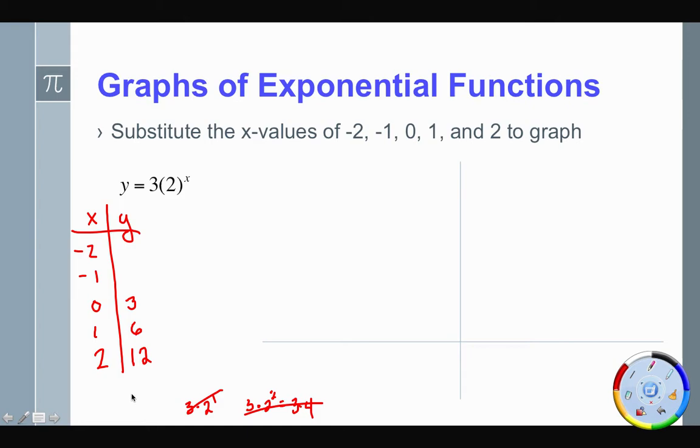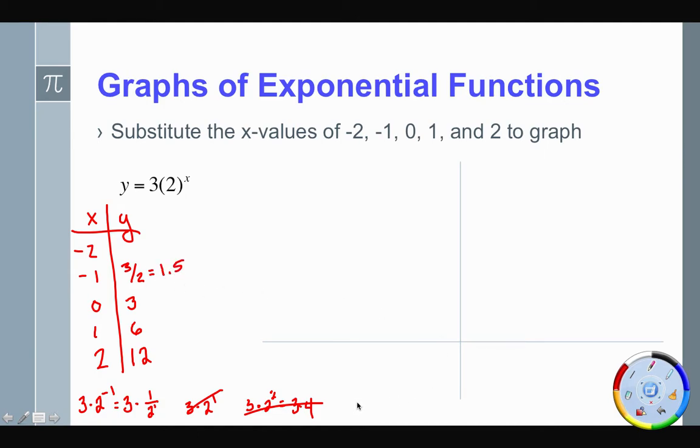Going in the opposite direction, when we plug in -1, we have to recall our study of exponents: if I take a negative exponent, that means I flip that number over, or find its reciprocal, and change it to a positive exponent, so 2 to the first. Well, 3 times 1/2 is 3 halves, which is 1.5 for those of you who don't like fractions.